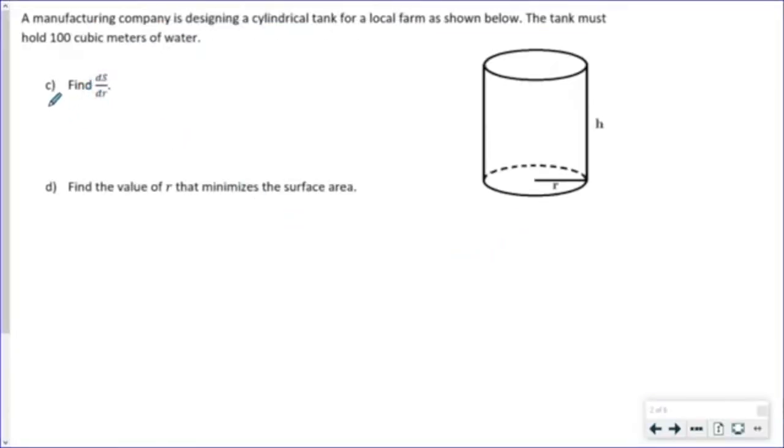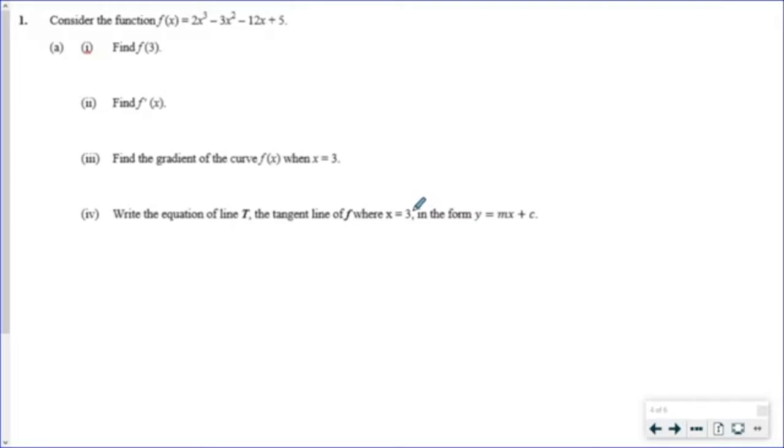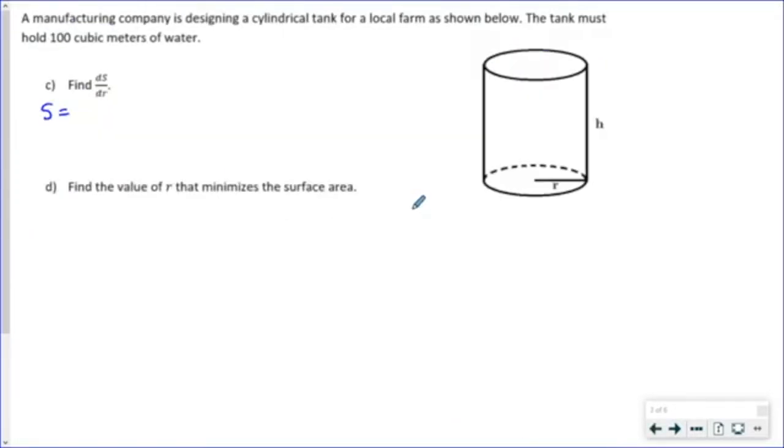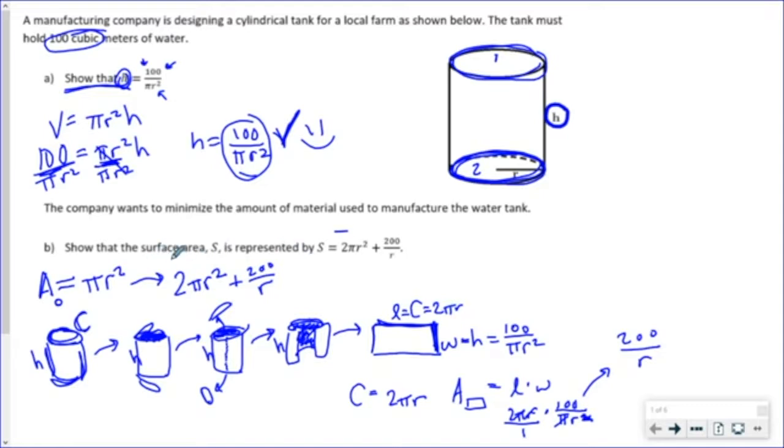The surface area equals, let's look back at that. We got 2 pi r squared plus 200 over r.